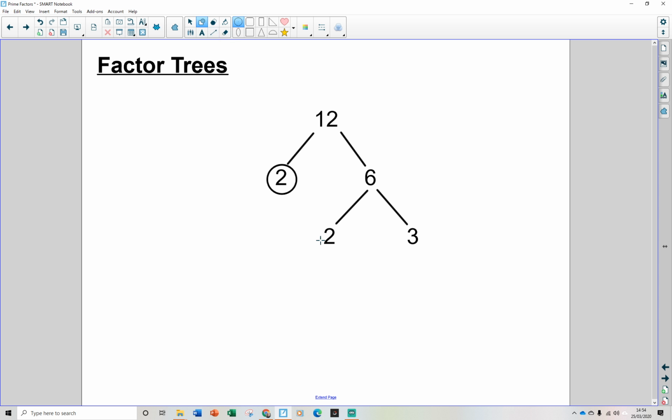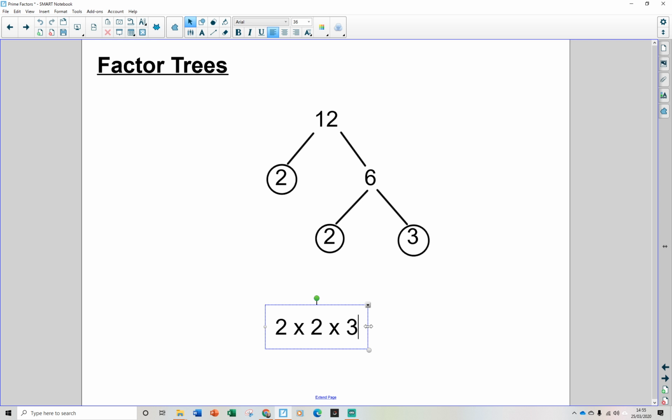Both of those are prime numbers. So I'm going to put a circle around them so that I know I've reached the end of that branch of the tree. And now all the branches have come to an end. There are no numbers that can be broken down further. There are 3 prime numbers now at the end of our branch, so we can say that the prime factors of 12 are 2 times 2 times 3.